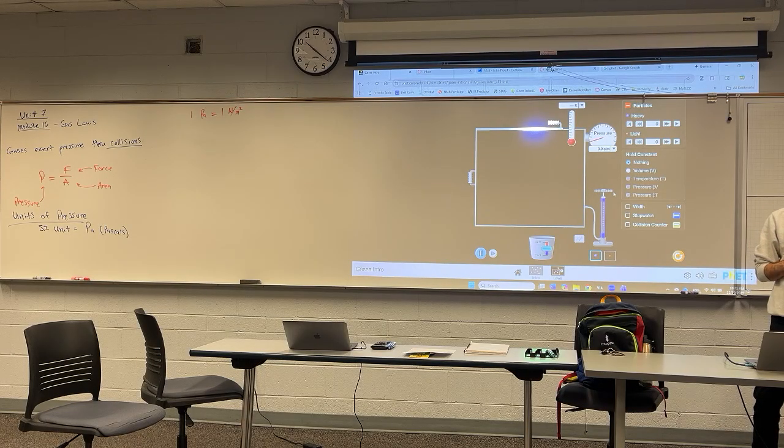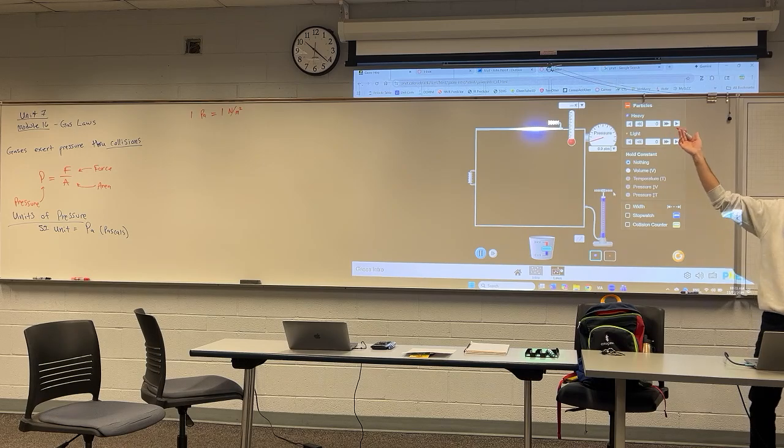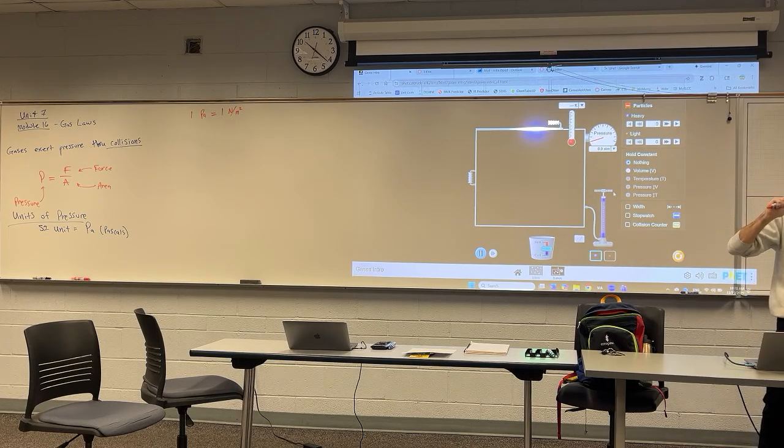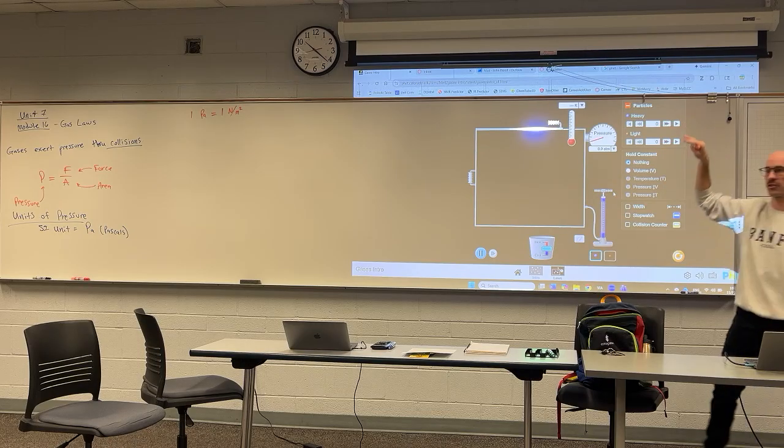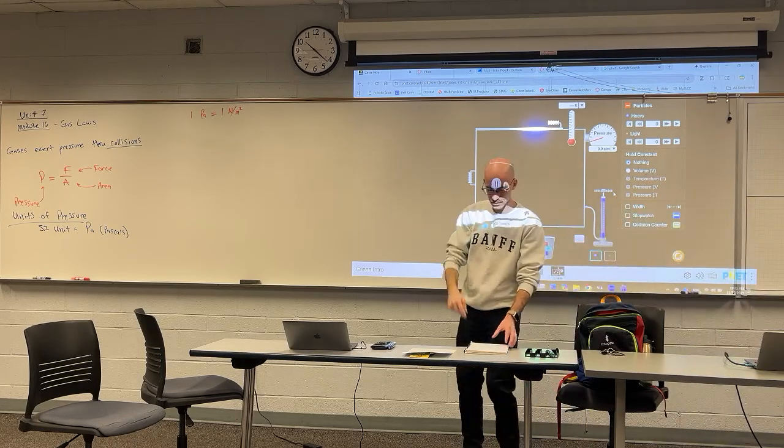If I told you that I have 30 square meters, I'm talking about an area. So what then is Newton, N? What type of measurement is that? Force, because pressure is equal to force over area, newtons per meter squared.